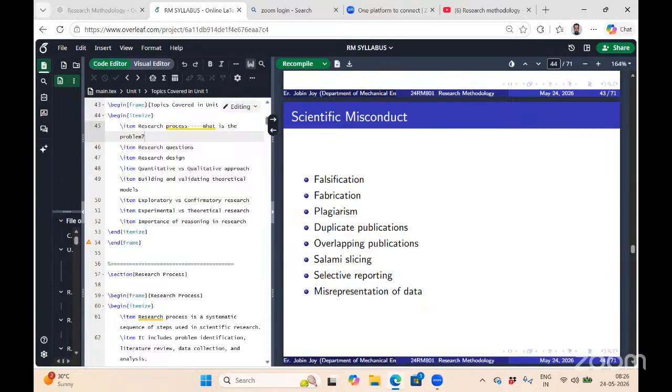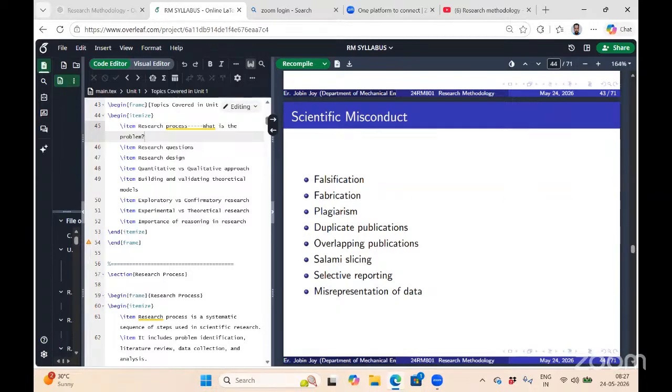Falsification means changing the results or changing the research data. For example, changing the experimental results and showing a false improvement in the graph by changing the data is an example of falsification.